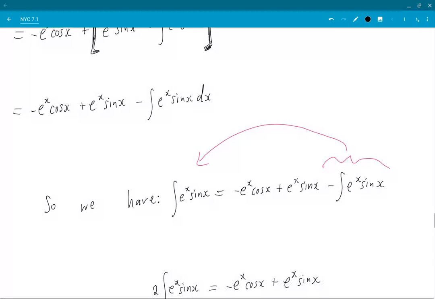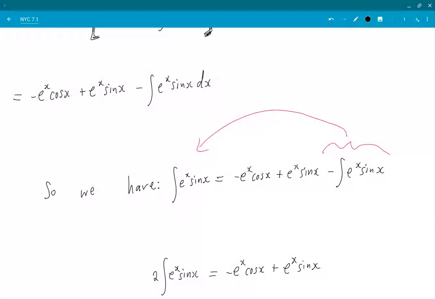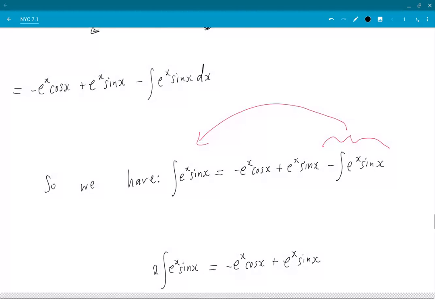So this item moves to the left-hand side, and you get this integral plus itself, giving you 2 times the original integral.